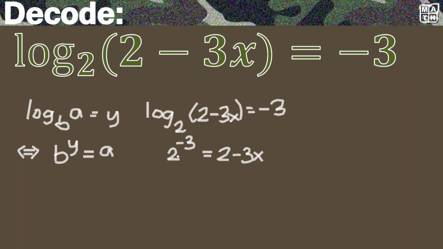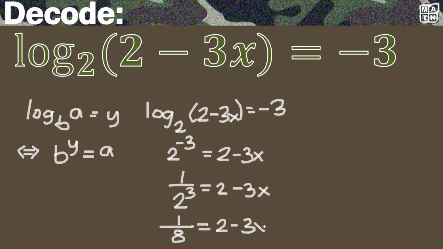Take note that 2 to the power of negative 3 is actually equal to 1 over 2 cubed, by the laws of exponents, is equal to 2 minus 3x. And 1 over 2 cubed is actually equal to 1/8, is equal to 2 minus 3x. So from a logarithmic equation, we now have a linear equation.